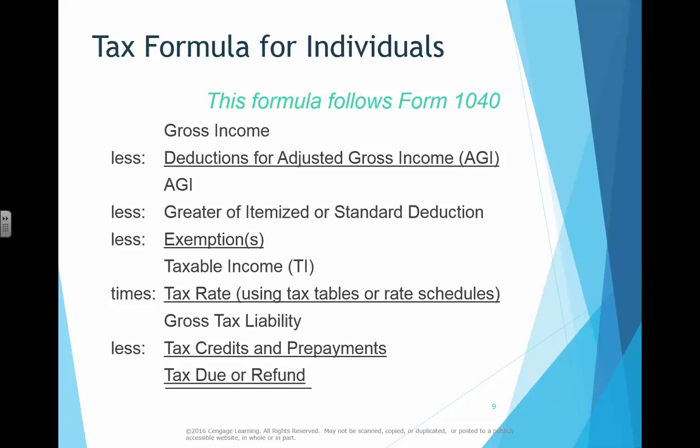Okay, so let's see if we can get through this. Greater of itemized or standard deduction. Now do you see the difference? Based just upon this little vignette I just painted, what's the difference between student loan interest and charitable giving, based upon what you've learned so far?